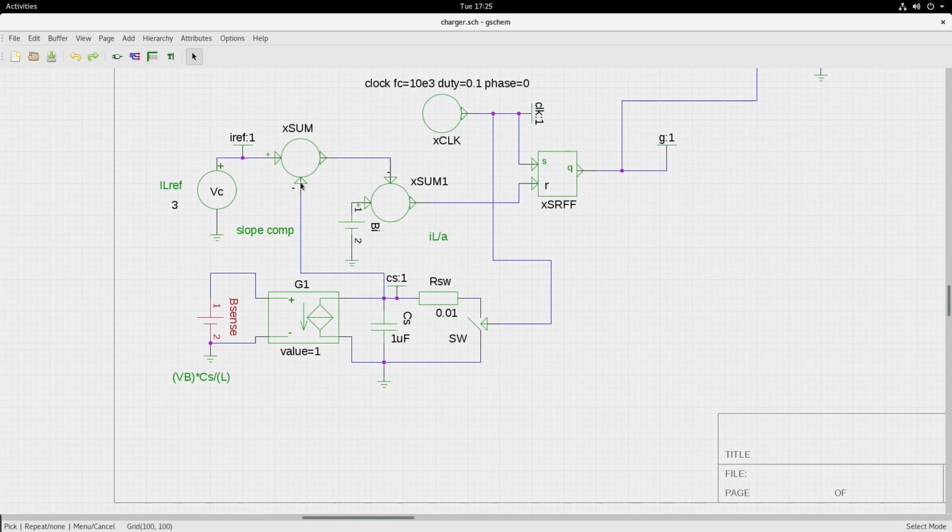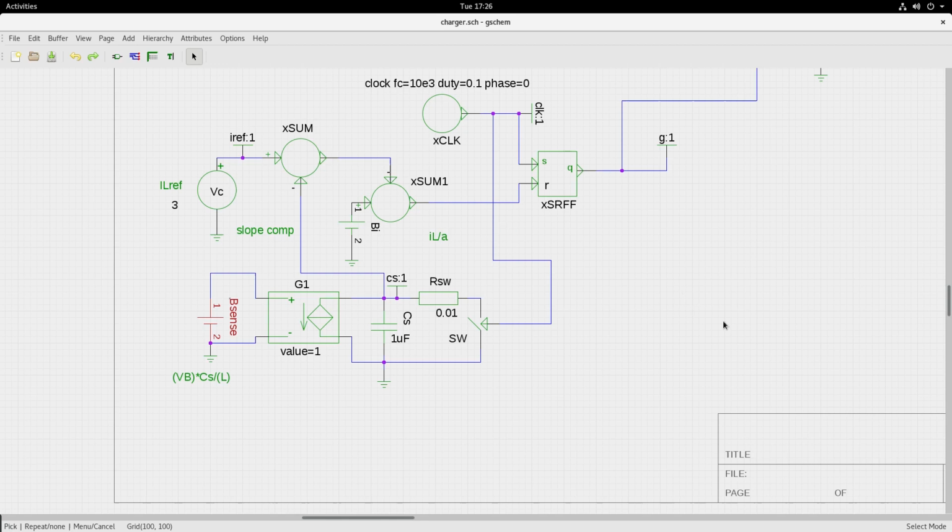This sawtooth waveform subtracts from the reference waveform, and that is what is given as the slope compensated reference. So this is exactly the block schematic that we are simulating, and here this VC, in the case of MPPT, will come from the output of the MPPT controller and will define the IREF.